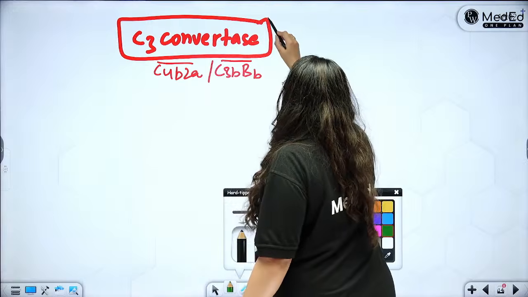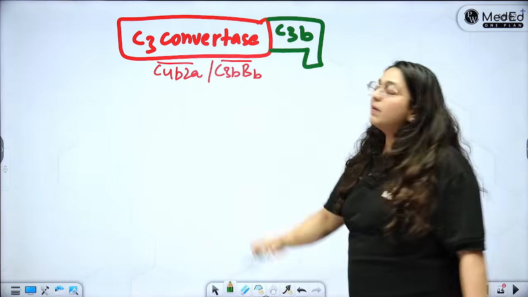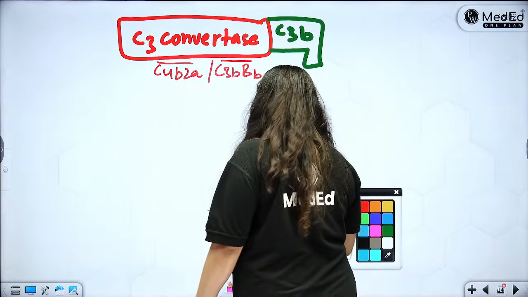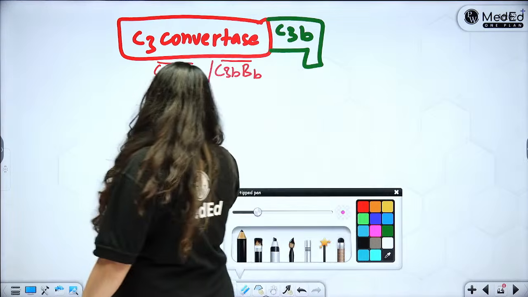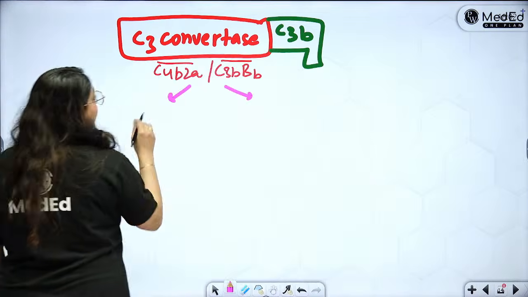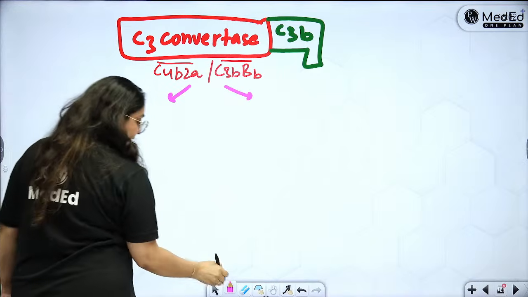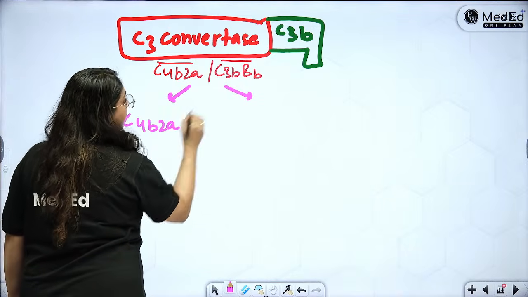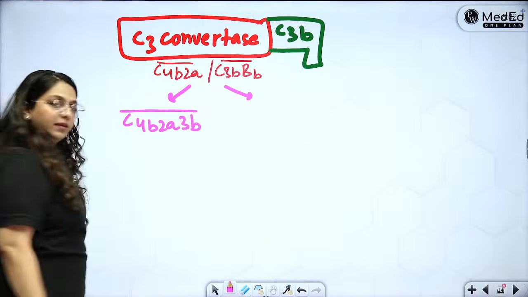C3b will bind to it. Now what can I call it? What can be the formula of this? This can have two formulas. When C4b2a binds with C3b, I can write it as C4b2a3b.